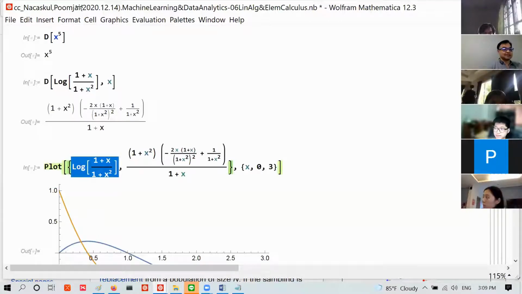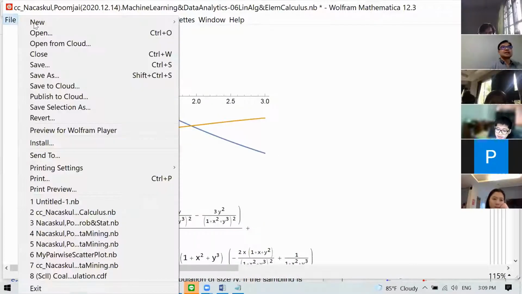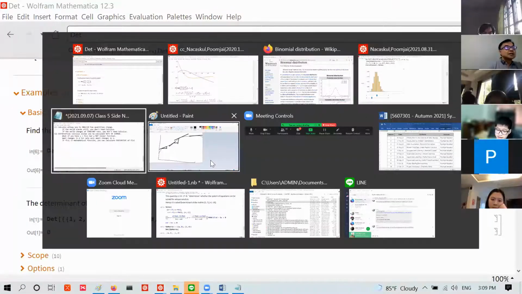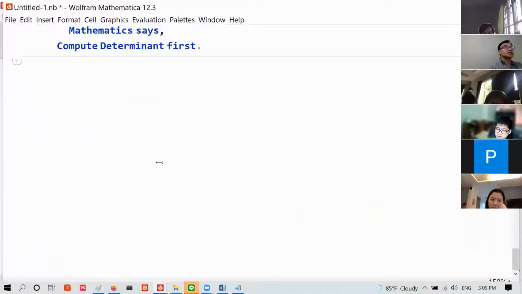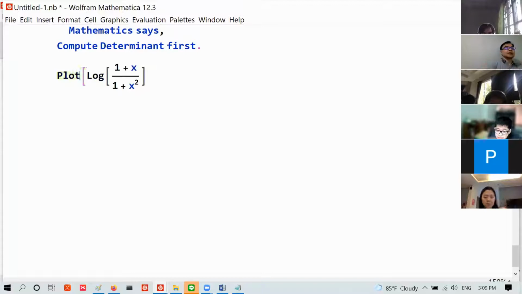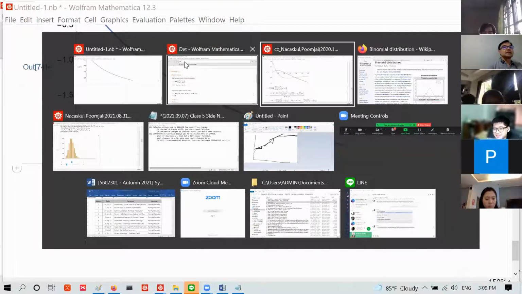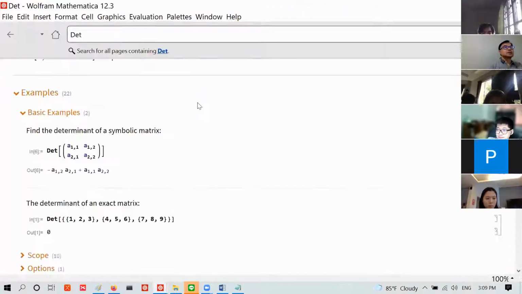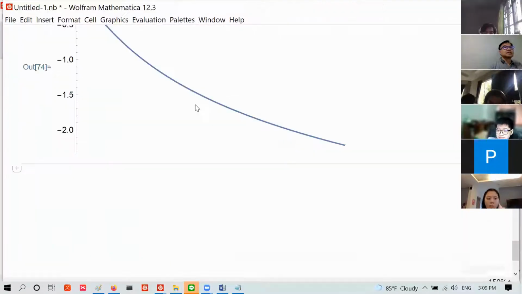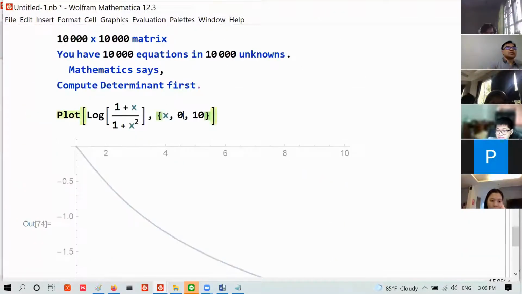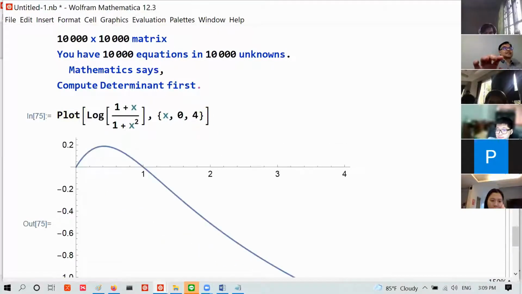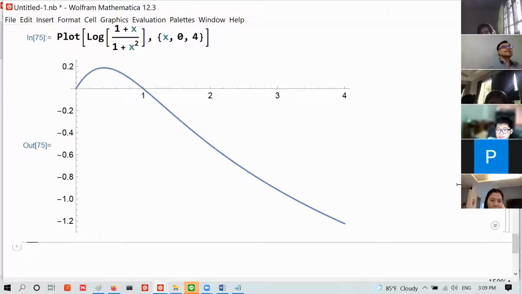Plot, x from say 0 to 10. Okay. Now, this is some function.